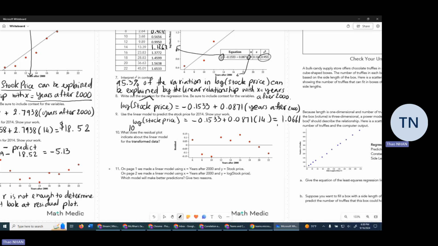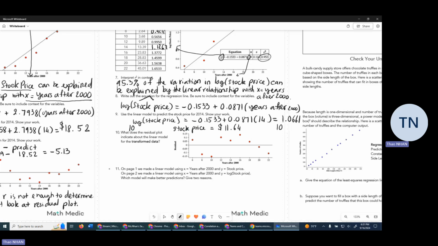Over here, I'm going to do 10 raised to the power of 1.0661. You're going to get $11.64.